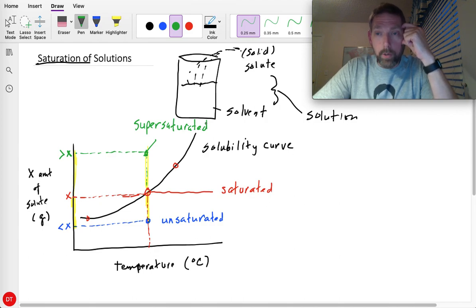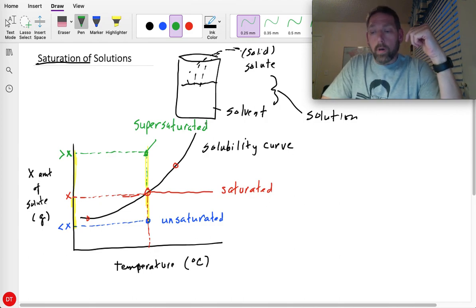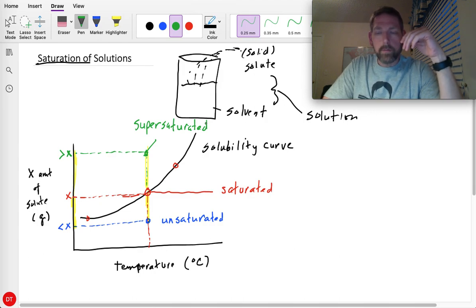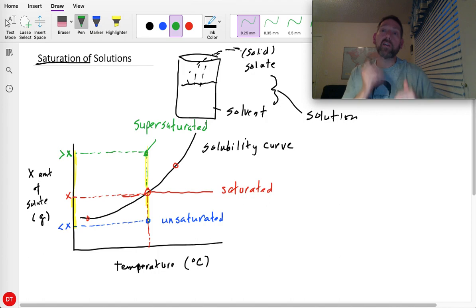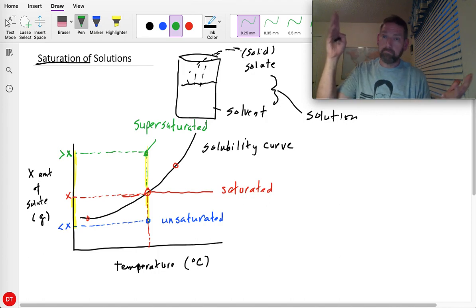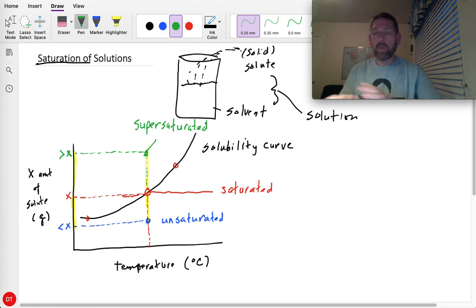This is something that we will be doing in lab, where you actually heat up various concentrations of solutes, and then as you take a look at certain amounts at different temperatures, you can look at the heating and cooling of it going up and down, plot points on a graph, just like your math teachers taught you, and then we just basically have our own little curve that we could follow, and we can extrapolate some information from that. So let's go ahead and practice that a little bit.